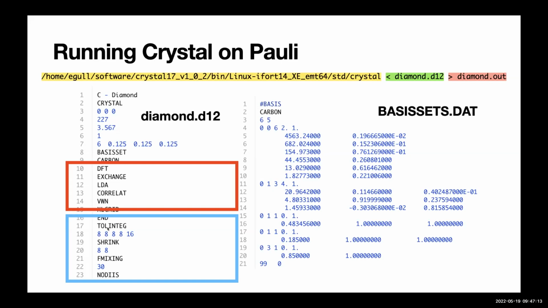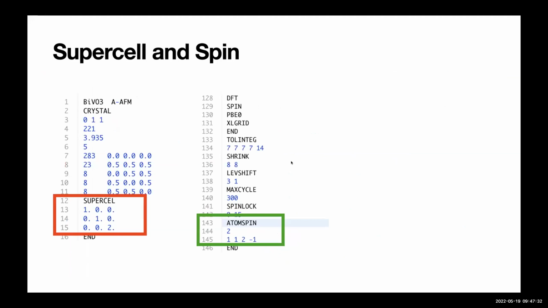A list of options can be found on page 29 and page 79 in chapter 3.3 of the user manual, basically a list of keywords with detailed explanation of what each keyword is used for. So that would be the general input file for a Crystal calculation.